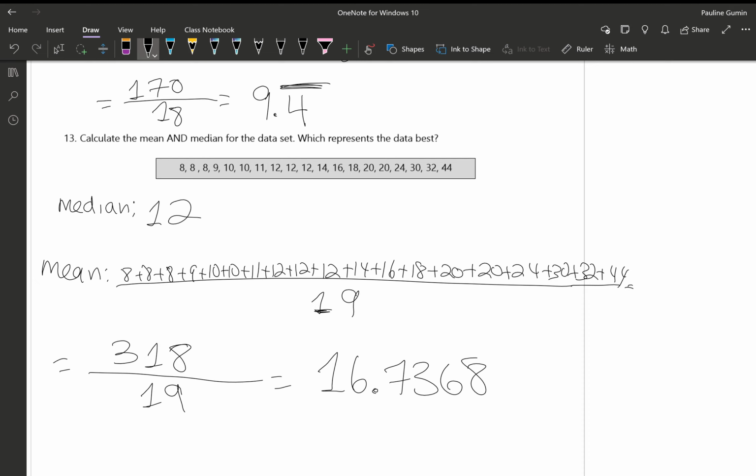So this actually would be a skewed left graph because we would have our, whoops, I said that wrong, skewed right. We would have our mean larger than our median. Yes, it would be skewed right.